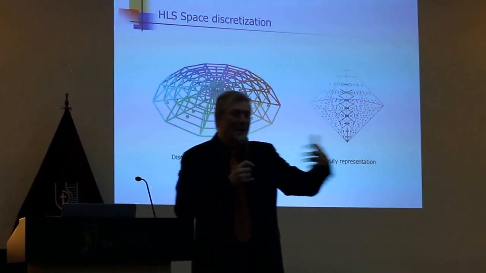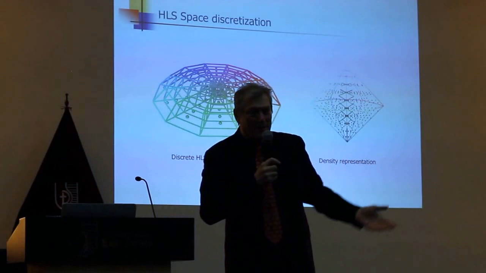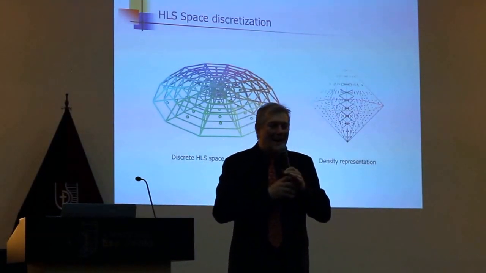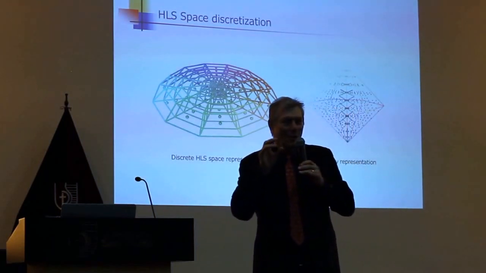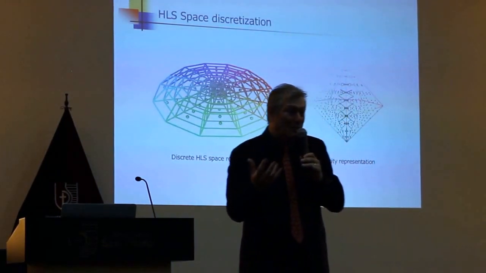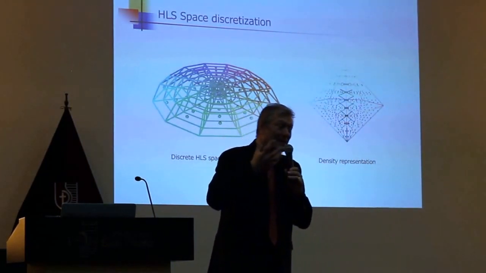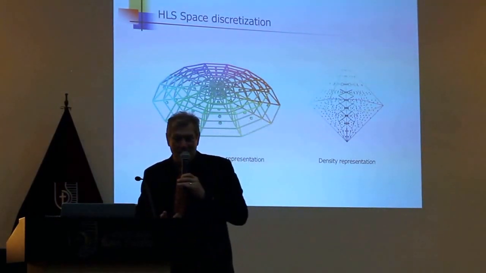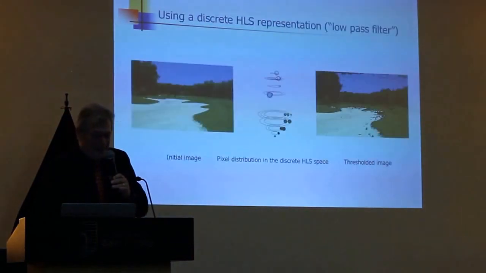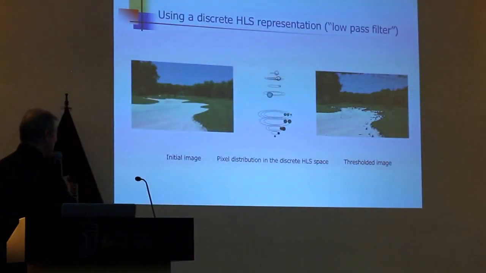So if we have an image of 1000 by 1000, we will have 1 million votes, and all these cells will have a value that will be a discrete set of values for representing all the colors of the image. So in this case, we get much better results.